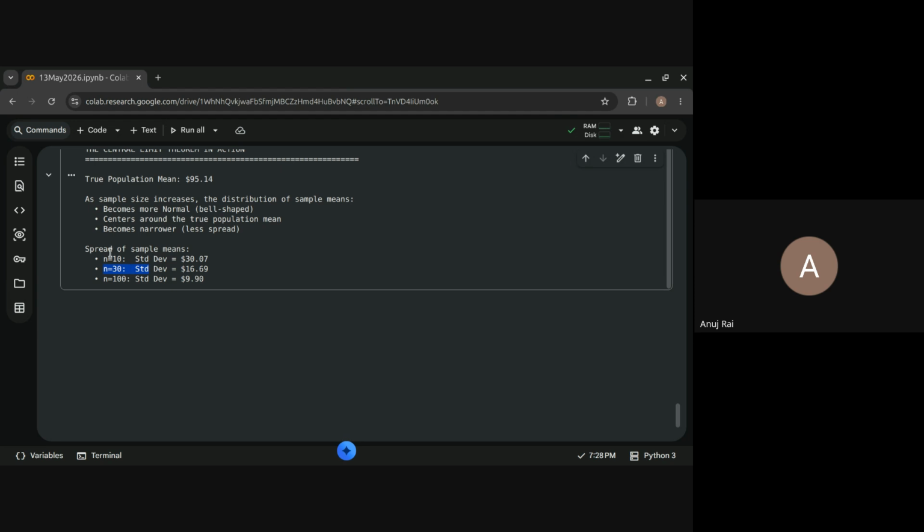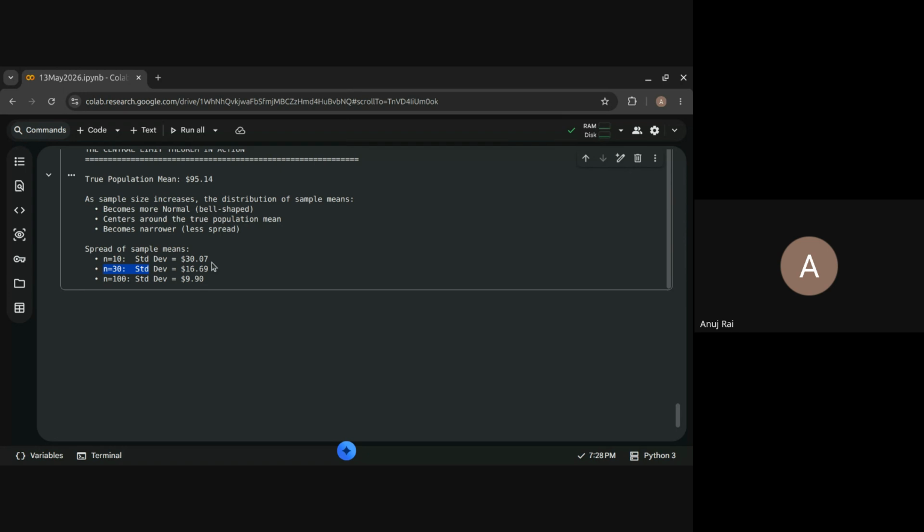If you see the difference between 10 and 30, it is 30 and 16. Even if you go to 40 or 50, the difference between 30 and 100 will be much less. If you can afford it, you can increase to n equals 40.